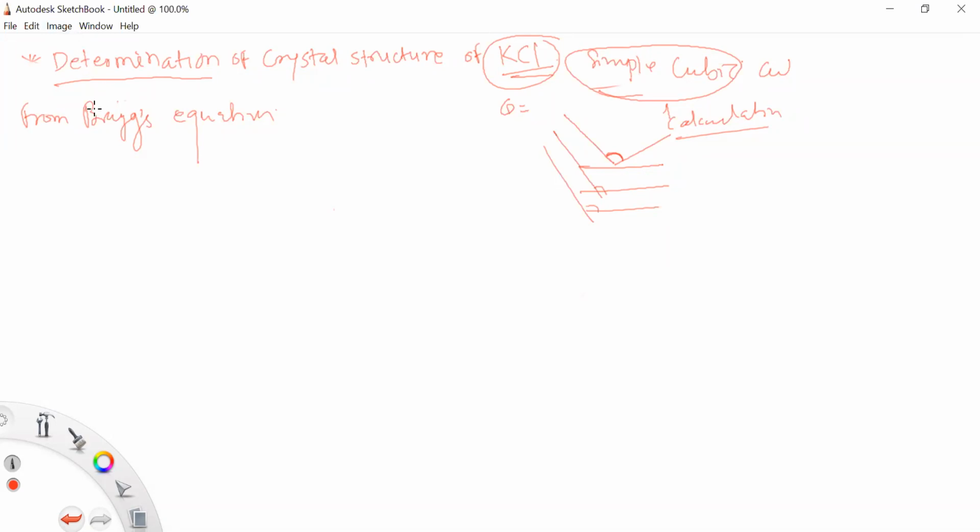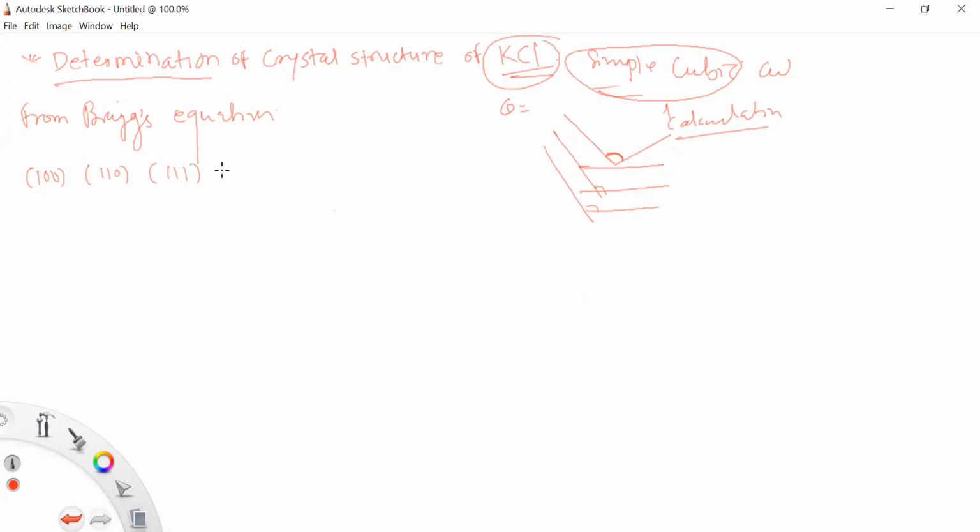So on the basis of this first order reflection maxima for this plane 1 0 0, then 1 1 0 and 1 1 1 plane. So these are the planes, and we can find out the interplanar distance between these planes.